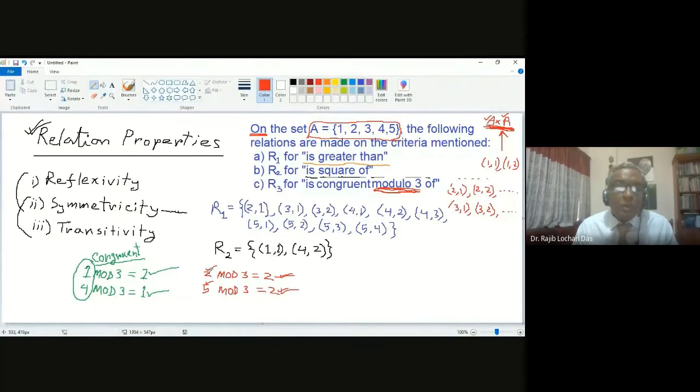Then we will call 2 and 5 congruent. If it is mod 4, then maybe different, but they are congruent modulo 3. This is called congruent modulo 3. Is it okay? Do you understand now?